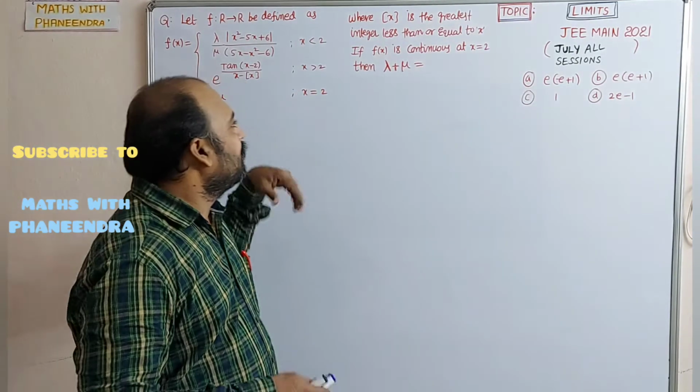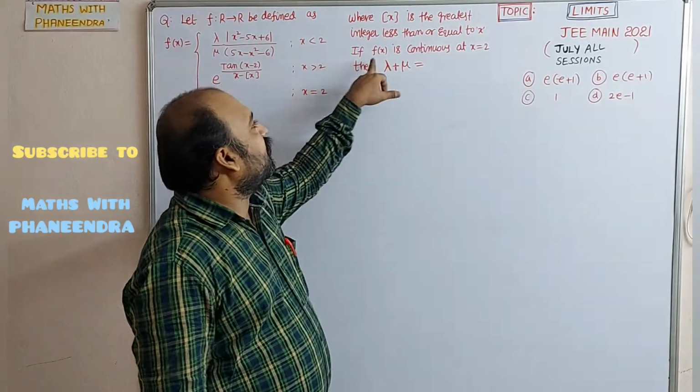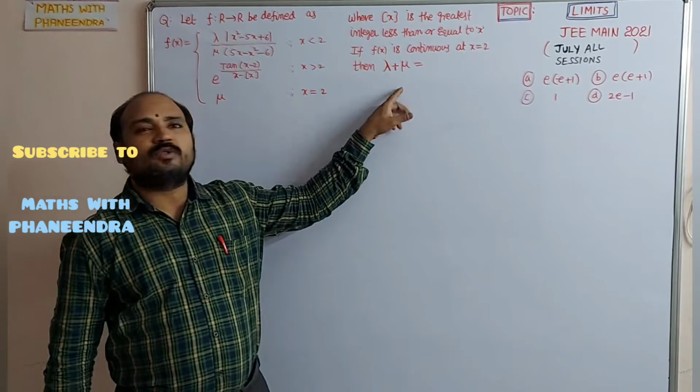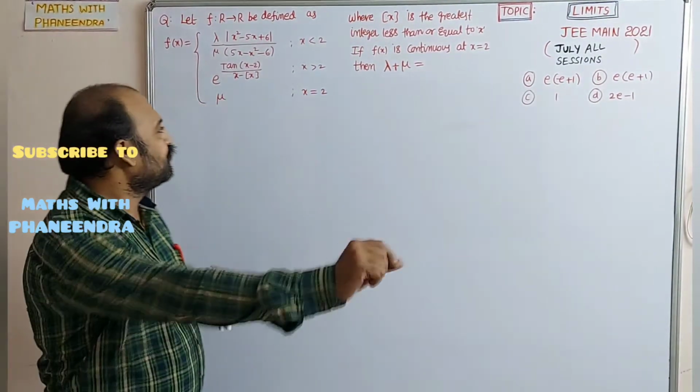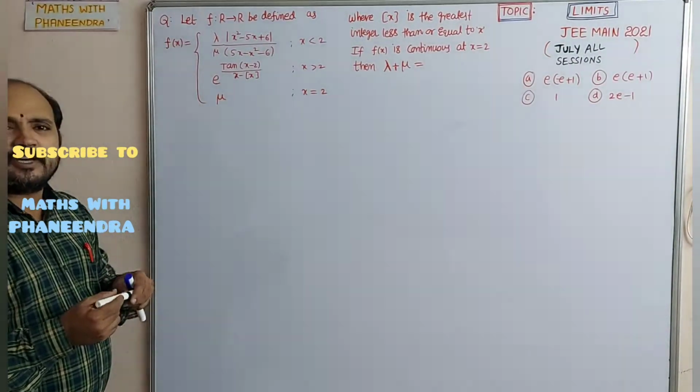We'll move to the question. Sorry for the interruption. If f of x is continuous at x equal to 2, then lambda plus mu equal to. So f of x is continuous at x equal to 2.